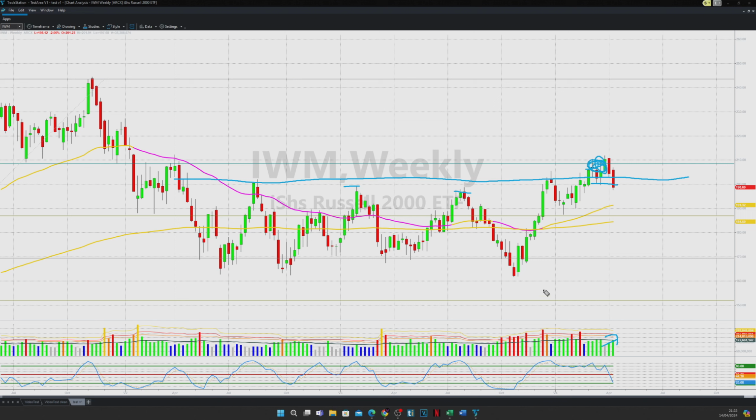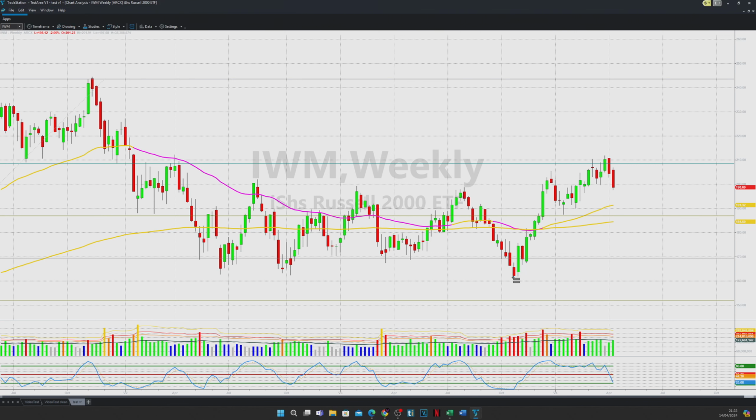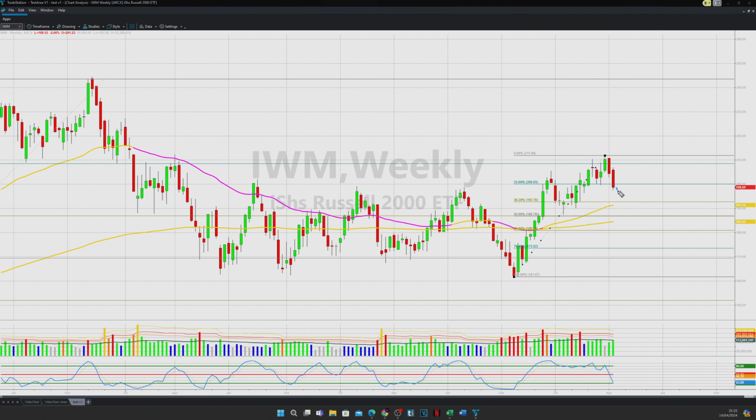But what is going to happen? Let's check it now. We take the Fibonacci extension from here to the top. It could bounce from the 192.70, the 38 Fibonacci. What will happen if it continues in a straight red line?